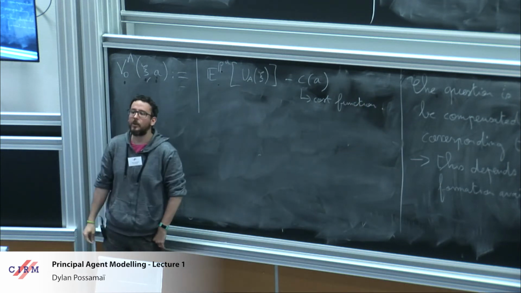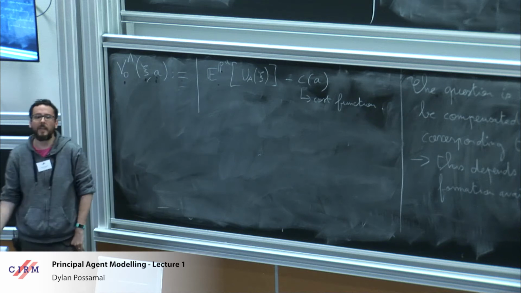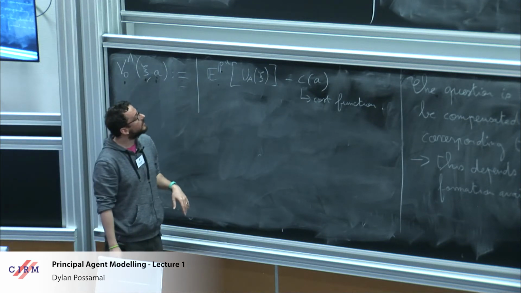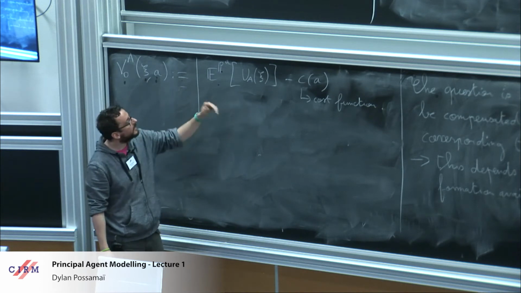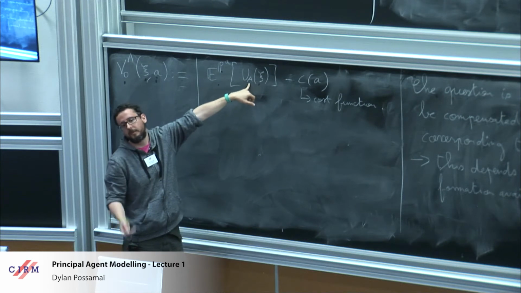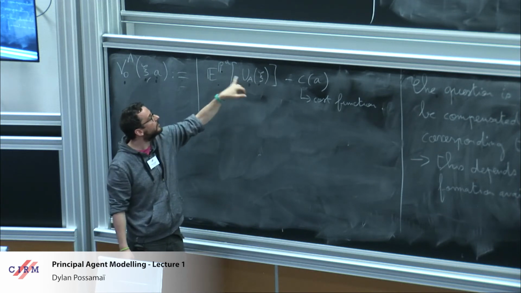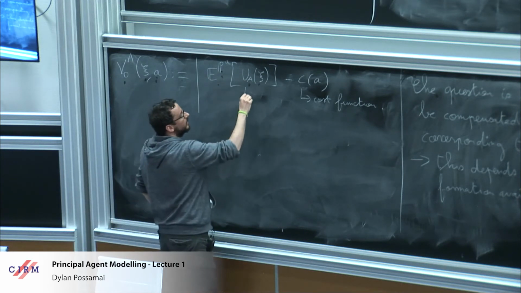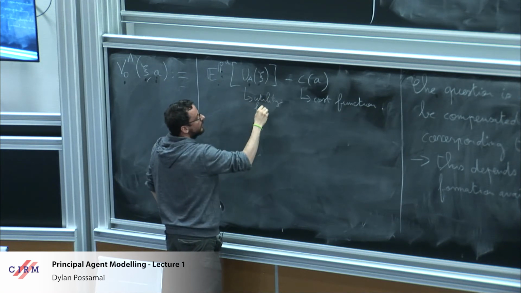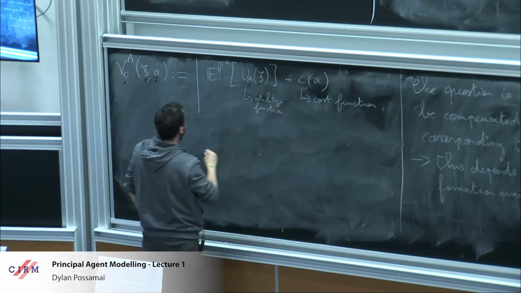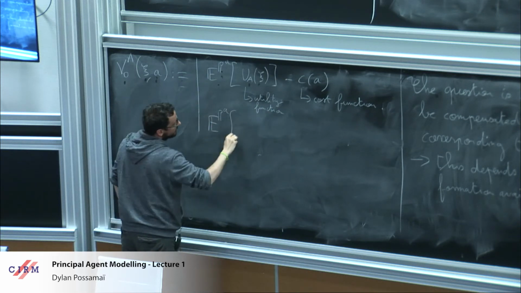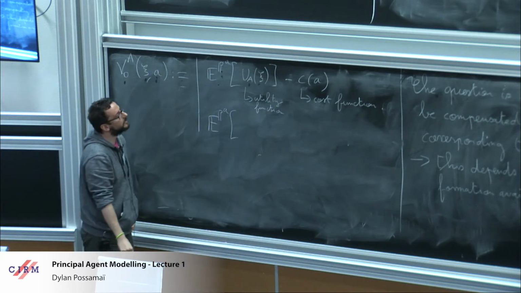So this is the cost of making effort A for the agent. And as an expected utility maximizer, at time 1, he receives this, he evaluates this with his utility function, and then takes the average. Another case that's also useful, so that's a specific choice of the utility function.